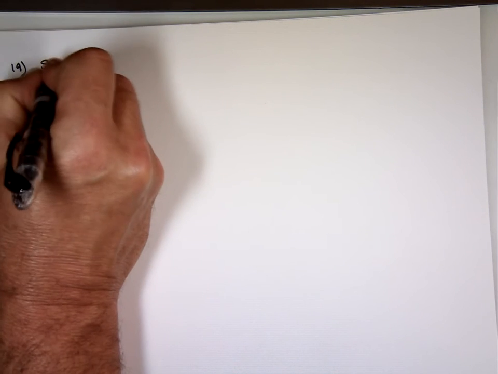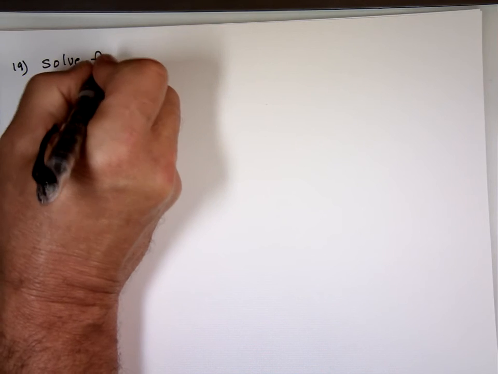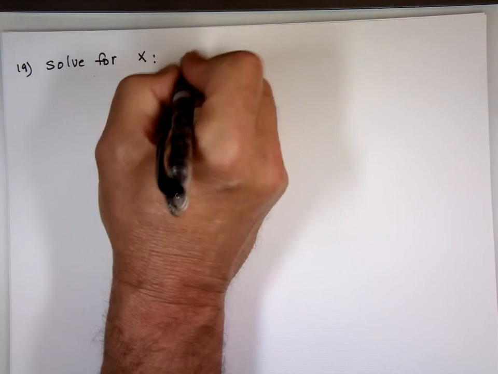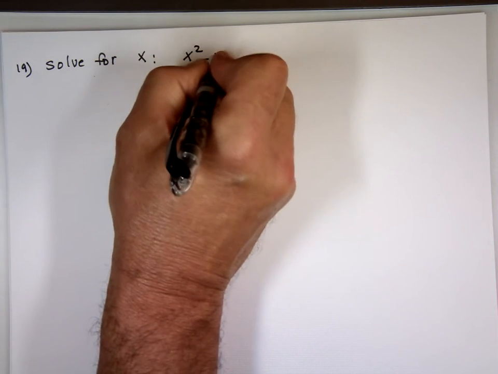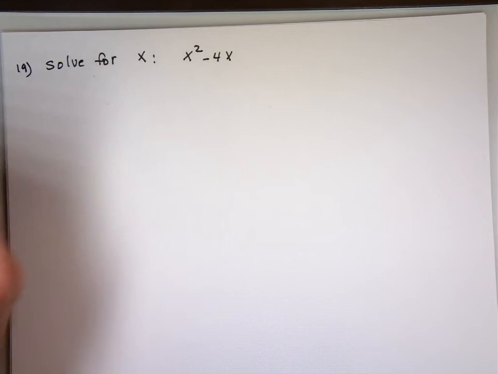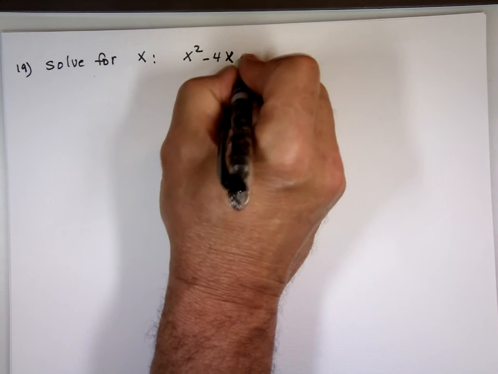Maybe I'll take one that will work here. Number 19, I think. Solve for x. x squared minus 4x equals negative 3.